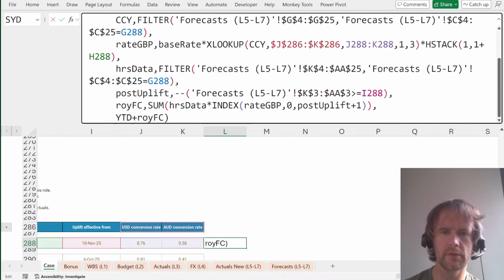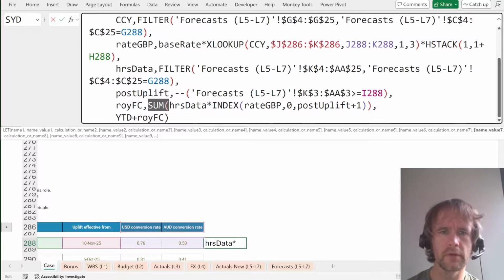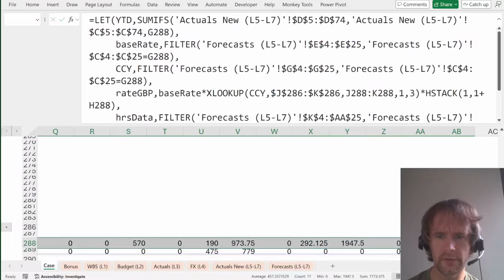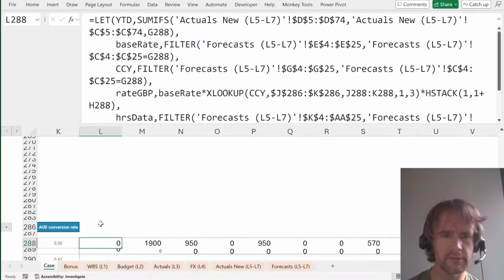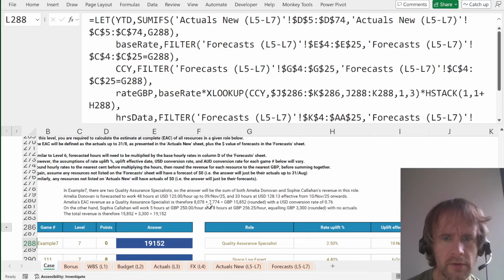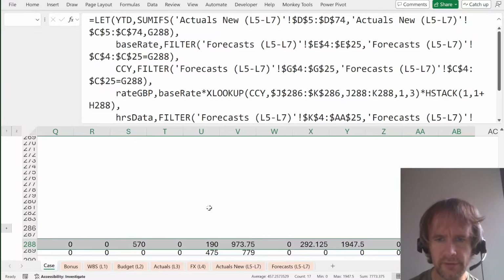So then get the sum of this and give me rest of year forecast, and I'm getting 7777. USD 48 hours at that, 7774.